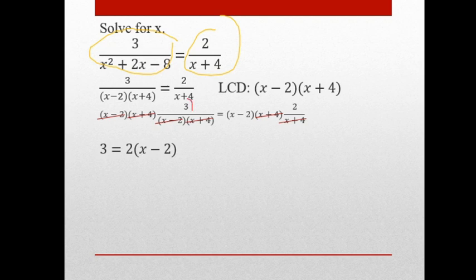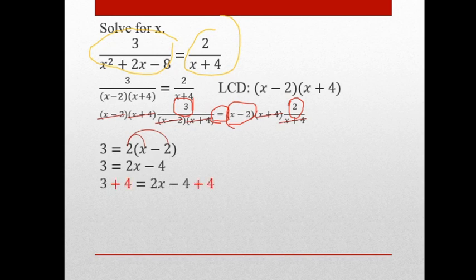So, ito yung 3 equals 2 times x minus 2. Pinagsama-sama lang natin. So, pwede nating i-simplify yung 2 times x minus 2. Una, multiply natin si 2 times x. So, ang sagot ay 2x. At susunod, 2 times negative 2 is negative 4. So, kapag sinimplify natin, 3 is equal to 2x minus 4. So, solve for x daw eh.